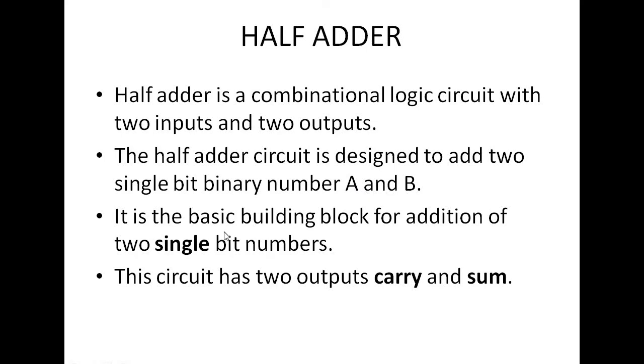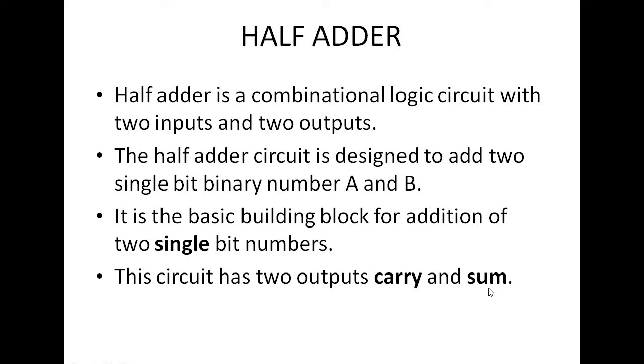It is the basic building block for addition of 2 single bit numbers. This circuit has 2 outputs: one is carry and the second is sum. So 2 inputs, A and B, and 2 outputs, carry and sum.